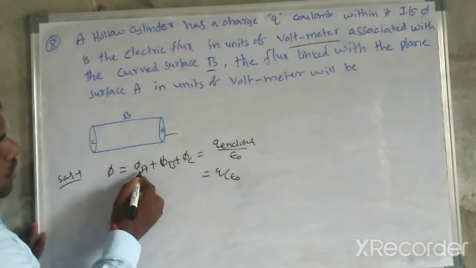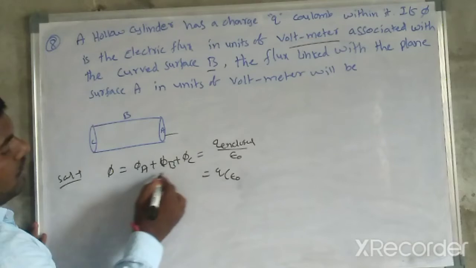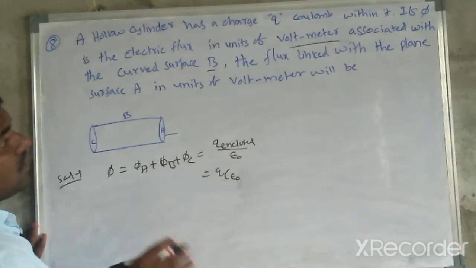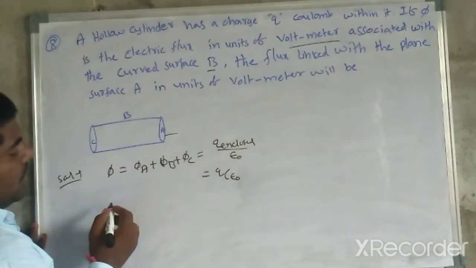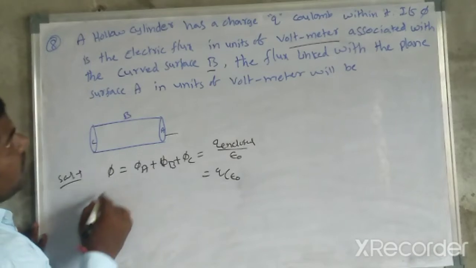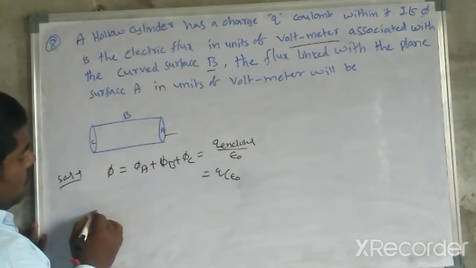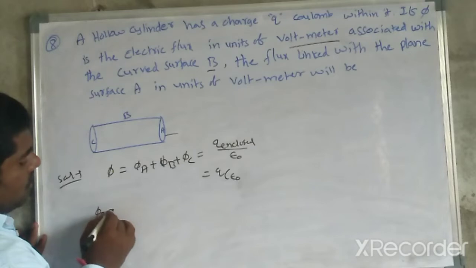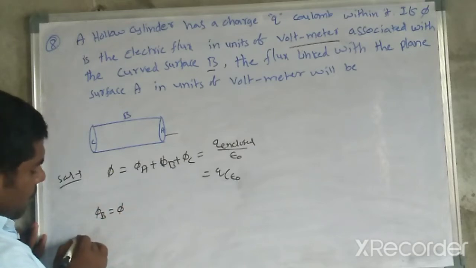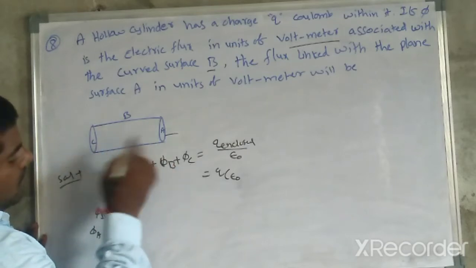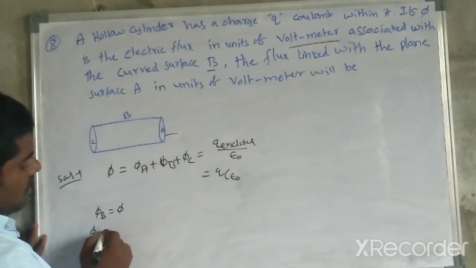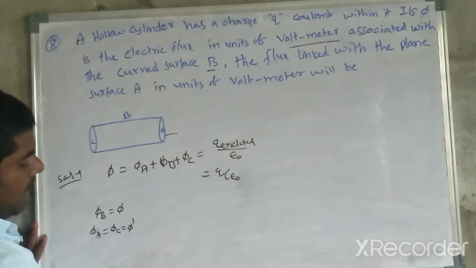We don't know the A value or the C value; they are asking for A, for example. According to the question, the flux at B is equal to the given phi. Assume flux A is equal to flux C because the area is the same and the radius is also the same. Let us consider it as phi dash.